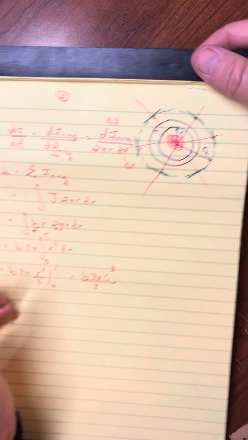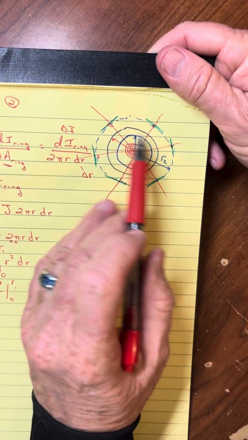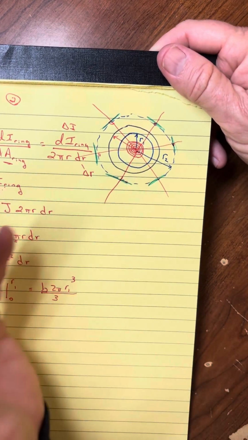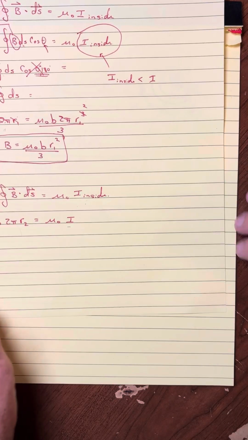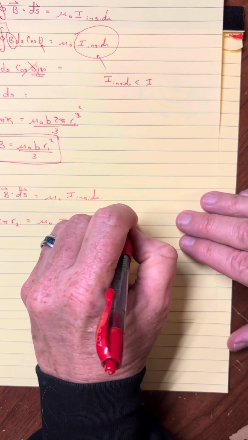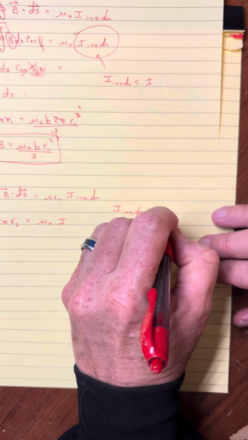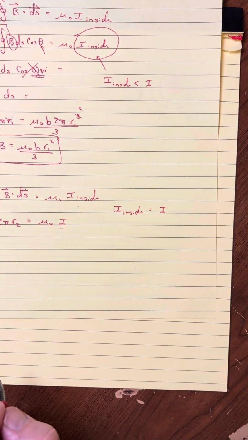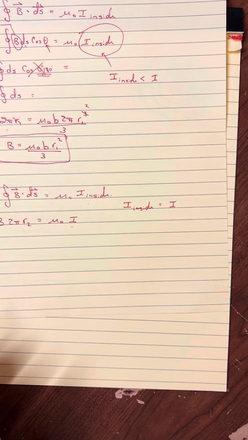Notice that when I make an Ampèrian loop that is bigger than the wire itself, then all the current is what goes through on the inside. So for part B, I could say that the current on the inside is equal to the total current. And so that's the step I'm going to make. And that's actually given in the problem.